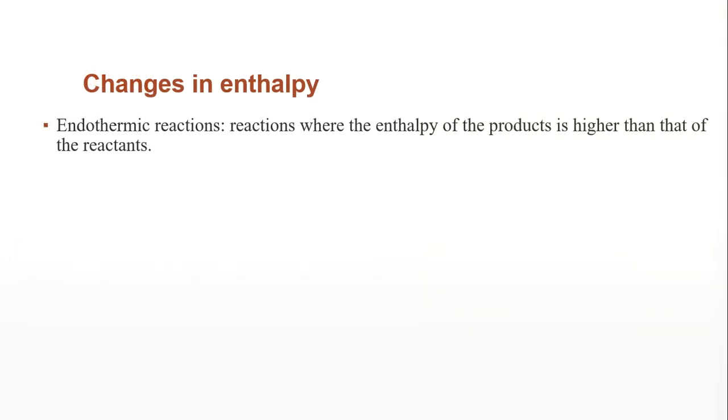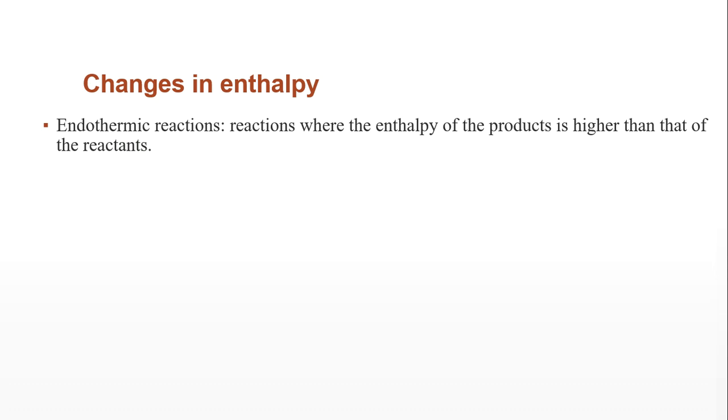So hopefully that cleared up the difference between the ability to give off energy and the heat energy it has from the start. There are two types of changes in enthalpy we can observe, and the first one is endothermic.